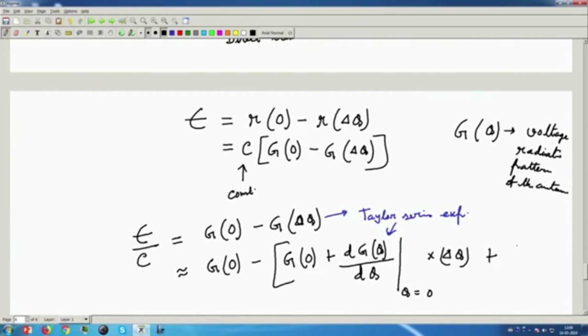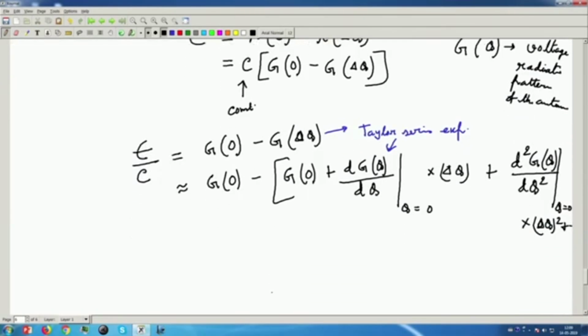For now I may write, but ultimately we will not use that, d 2 G theta d theta 2 again at theta is equal to 0 multiplied by delta theta whole square plus dot dot dot.